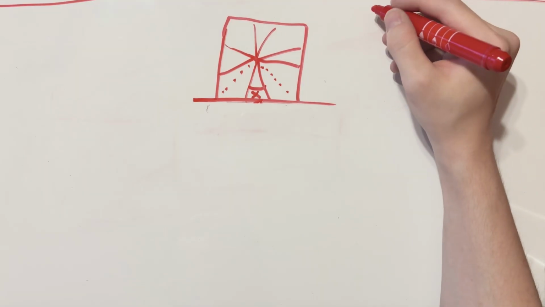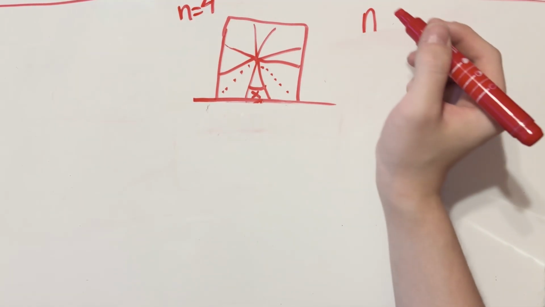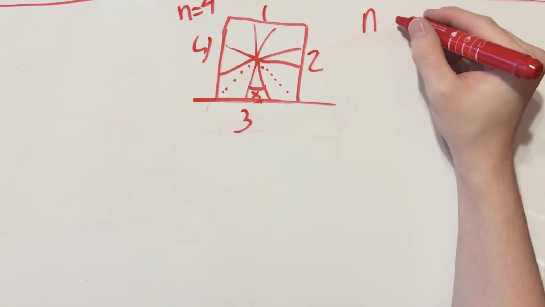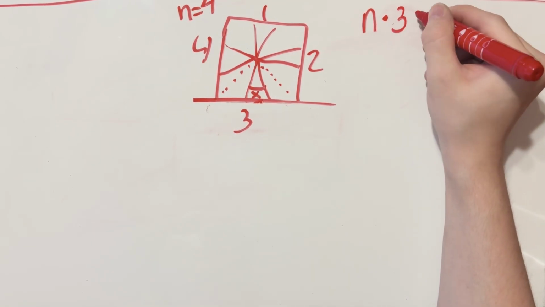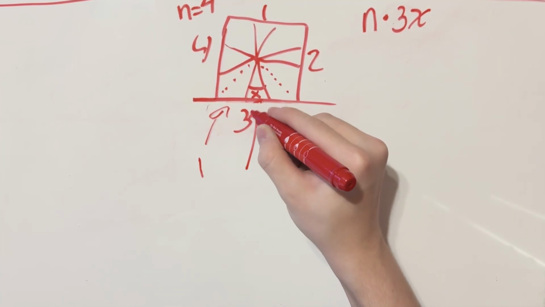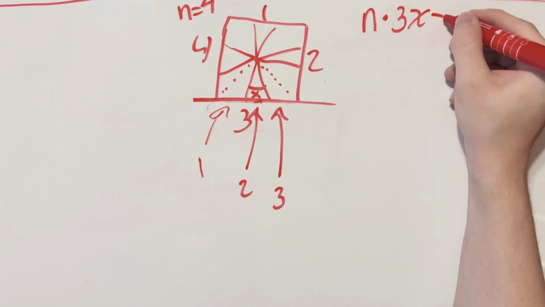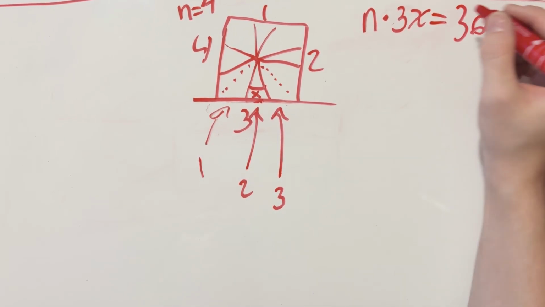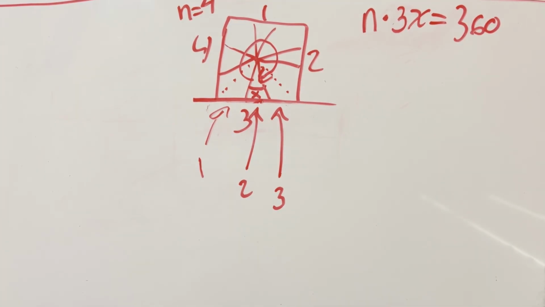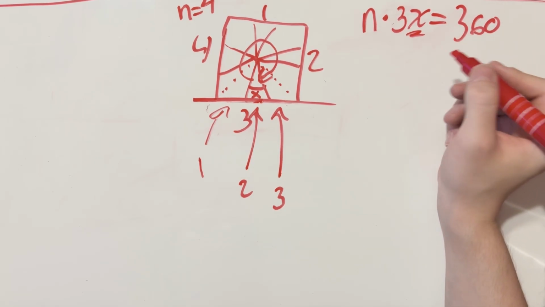We can write an equation, where n, for this case, equals 4, the number of faces, multiplied by 3 times whatever this angle is, must equal 360, because this is a full rotation. We can then solve for x here by simply rearranging the equation.